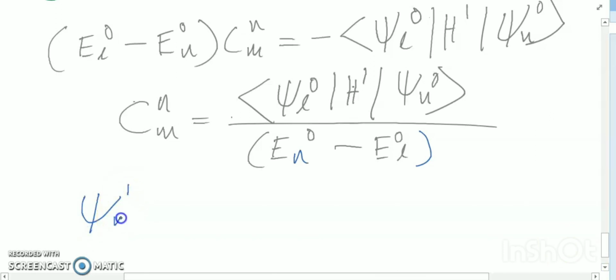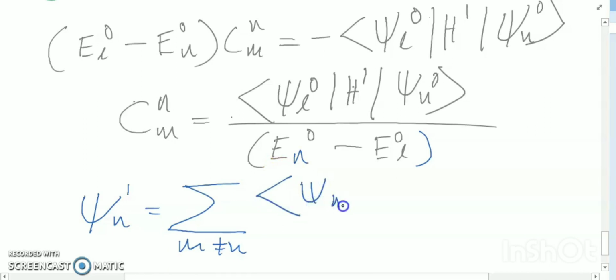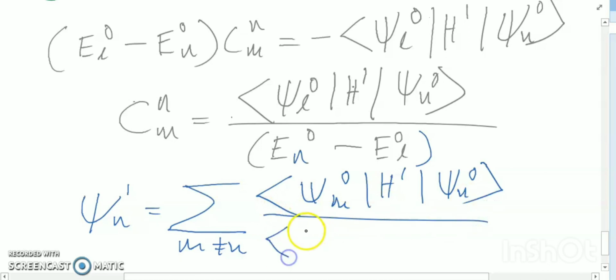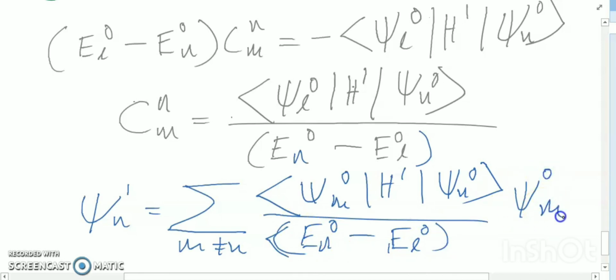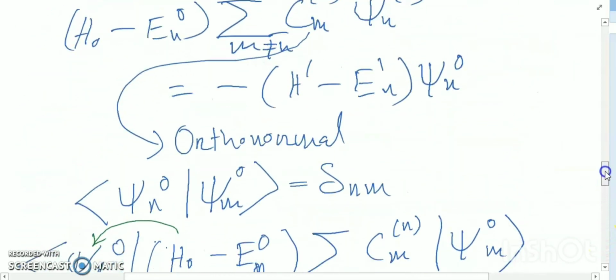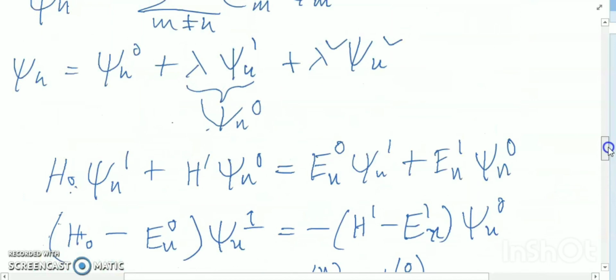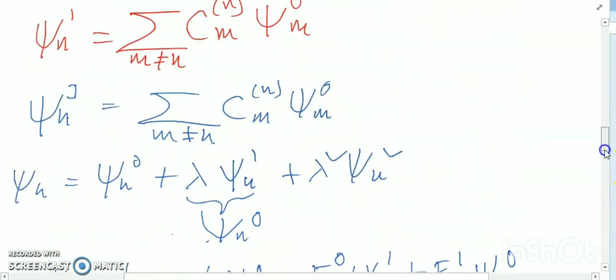So whatever I get, psi n1 equals the summation over m not equal to n of psi m0 H prime psi n0 divided by E n0 minus E m0, times psi m0, because I have already told what psi l0 is.